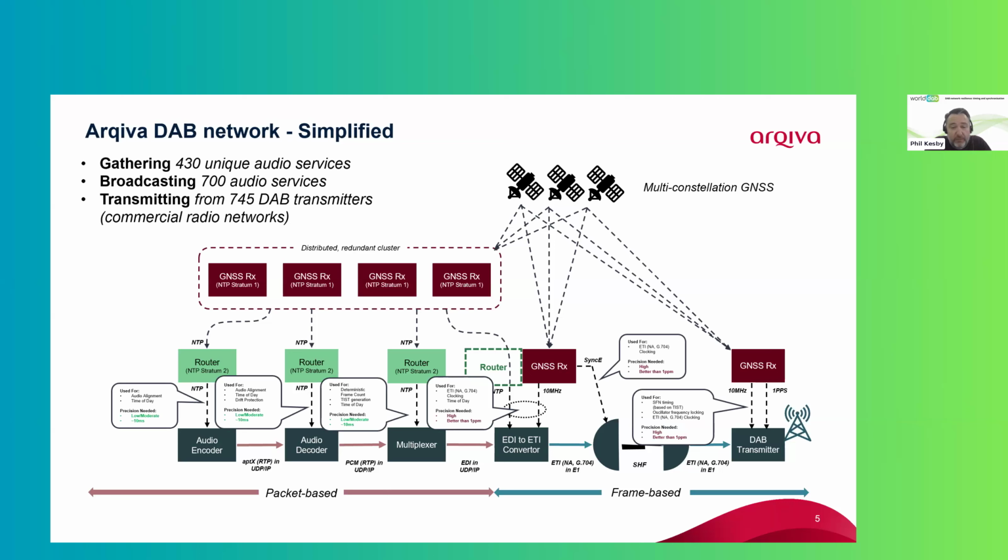Because we use those to send multicast traffic into our head-end system, we're actually using those 430 audio services for 700 audio services on the DAB platform, and our transmitter networks for just the commercial radio networks in the UK are 745 transmitters. So when we include the BBC network, where we are doing the ETI distribution and the transmission element only, we're operating over 1,000 transmitters in the UK.